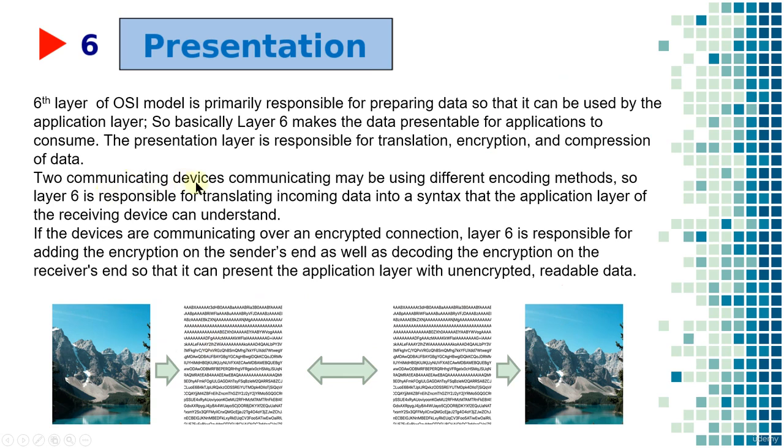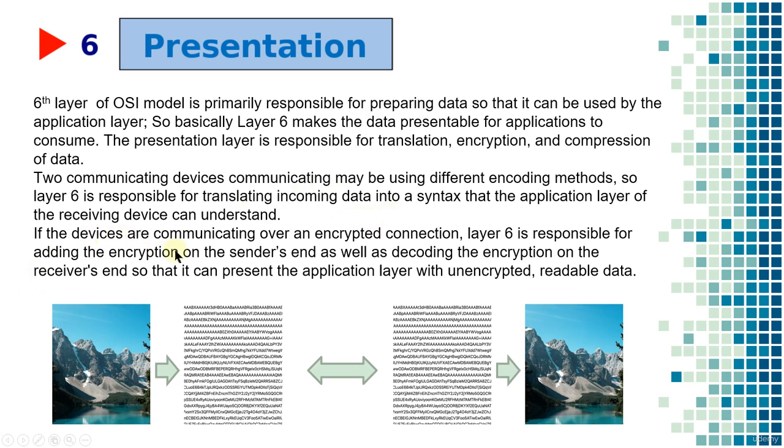Two communicating devices may be using different encoding methods. So layer 6 is responsible for translating incoming data into a syntax that the application layer of the receiving device can understand. Whatever it translates, the application layer, which is at the seventh layer, should have a clear understanding of this syntax.